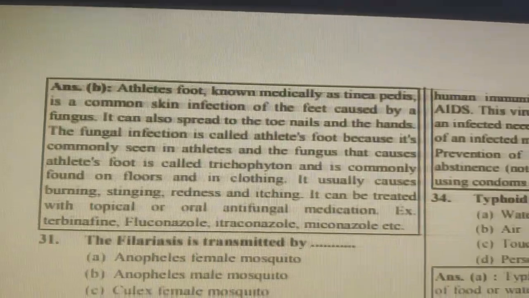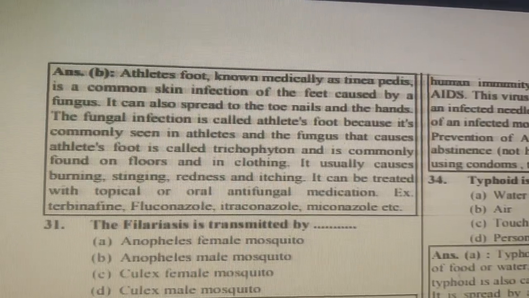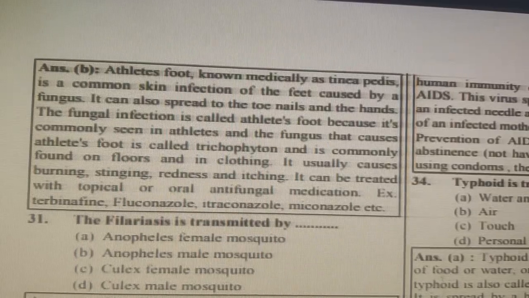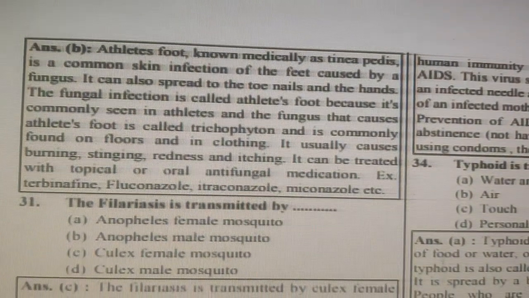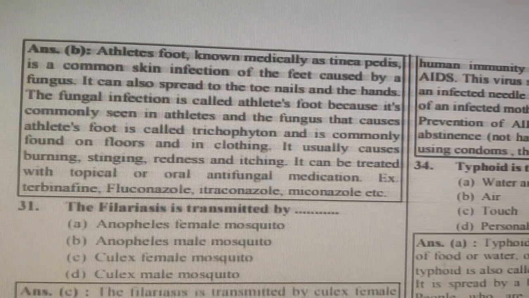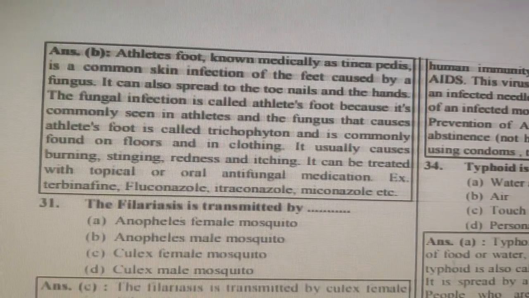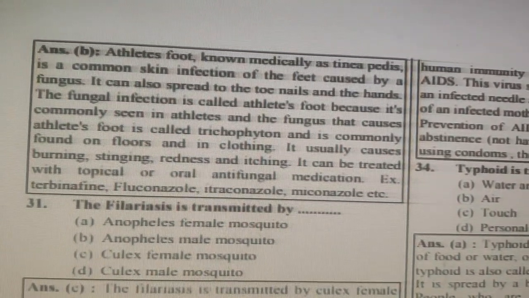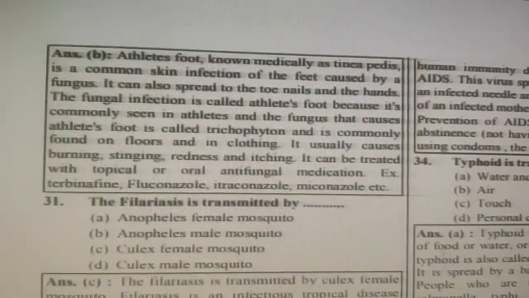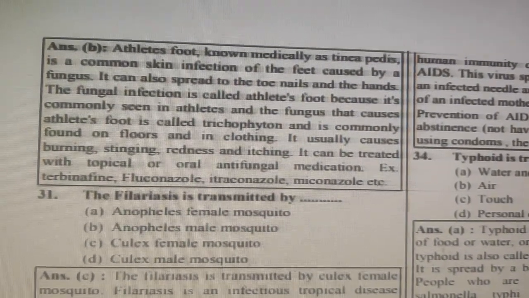Athlete's foot, known medically as tinea pedis, is a common skin infection of the feet caused by a fungus. It can also spread to the nails and the hair. The fungal infection is called athlete's foot because it is commonly seen in athletes. It is commonly found on floors and in clothes, and is usually characterized by stinging, redness and itching.